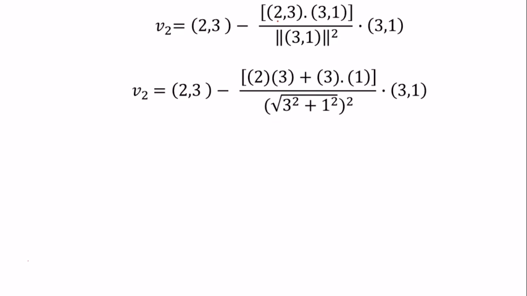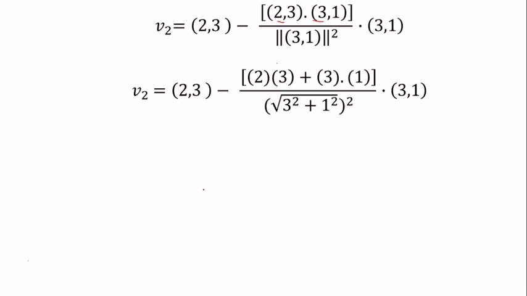See here, this first element 2 with this first element 3, so 2 into 3 we got 6. Similarly 3 into 1. Similarly in the denominator we have 3 squared and 1 squared, times the vector (3, 1).